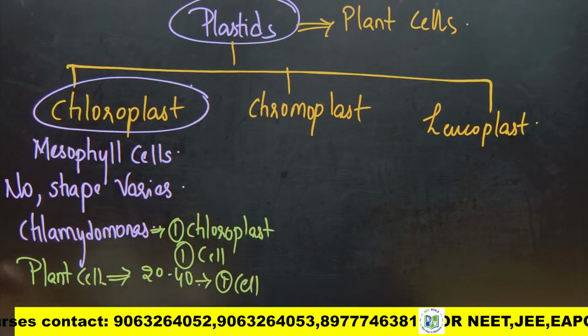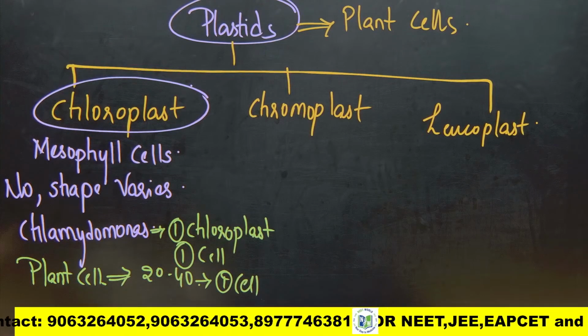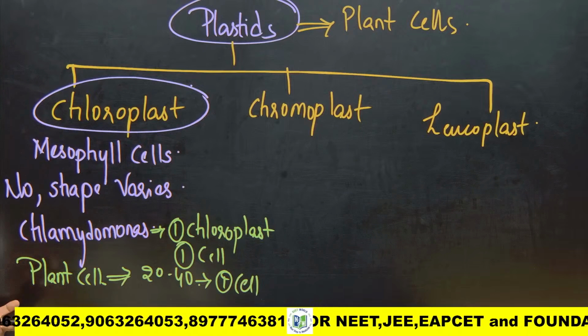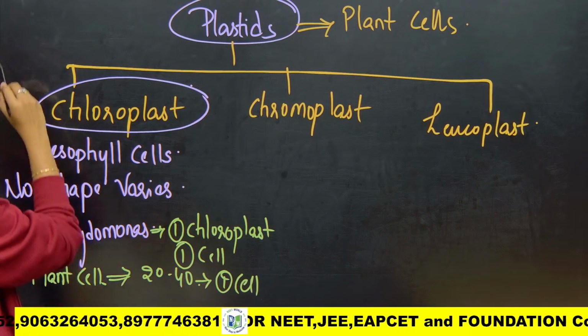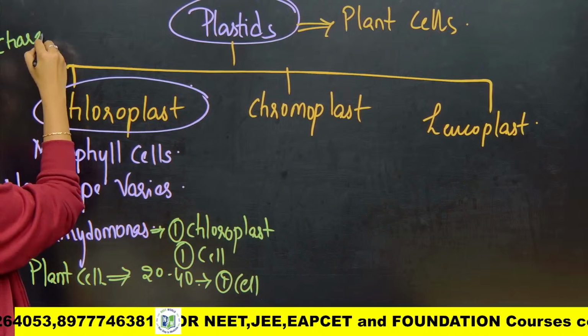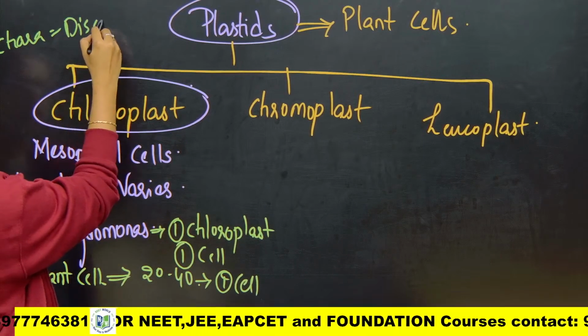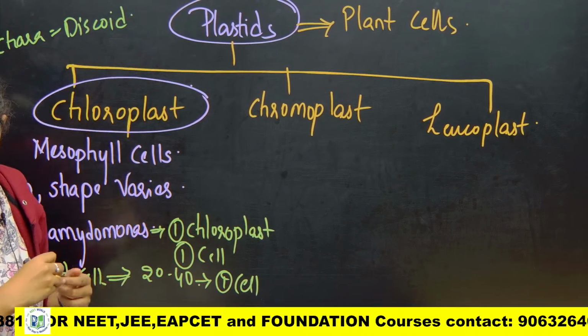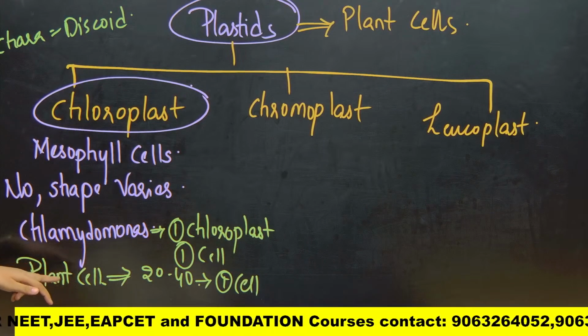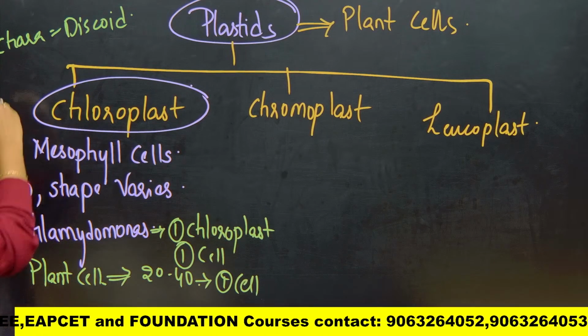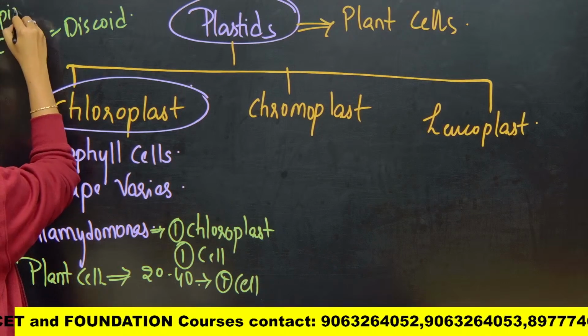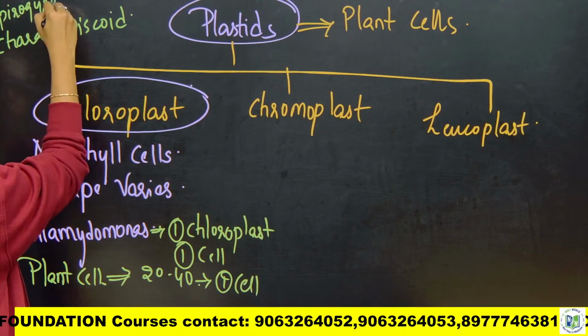And the shapes of chloroplasts also vary. For example, in Chara it is discoid, and a cup shaped chloroplast you can see in Chlamydomonas. In Spirogyra, you can see a spiral shaped chloroplast.